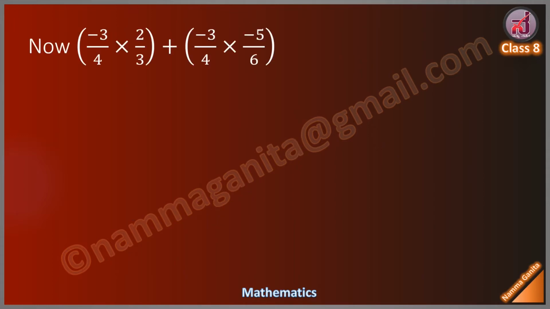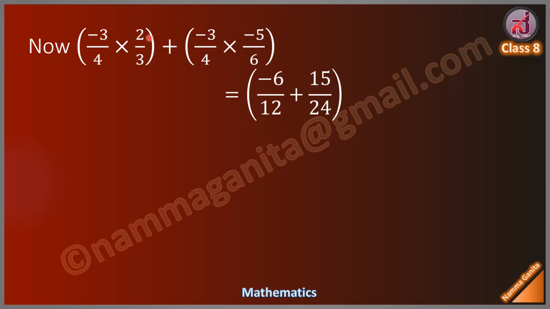Now consider, in the bracket, minus 3 upon 4, first number, into 2 upon 3, second number, plus, in the bracket, minus 3 upon 4, first number, into minus 5 upon 6, third number. Simplify this term.